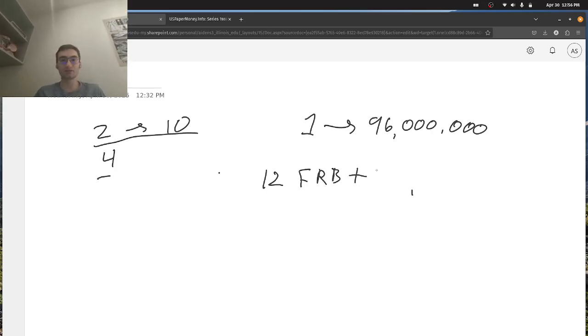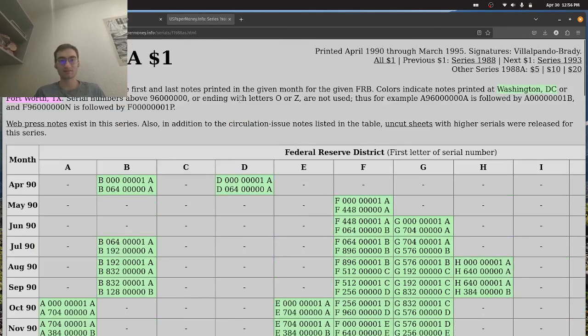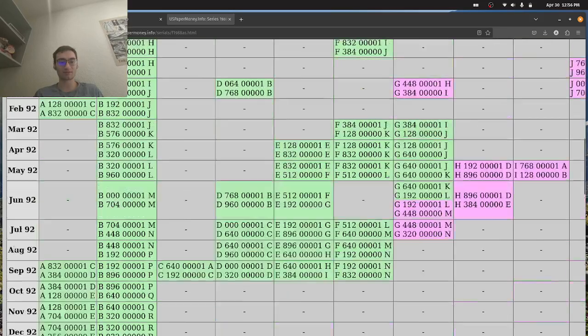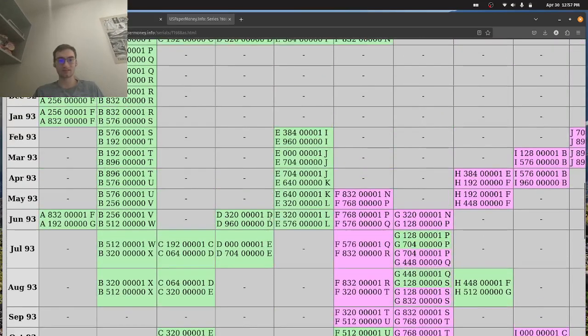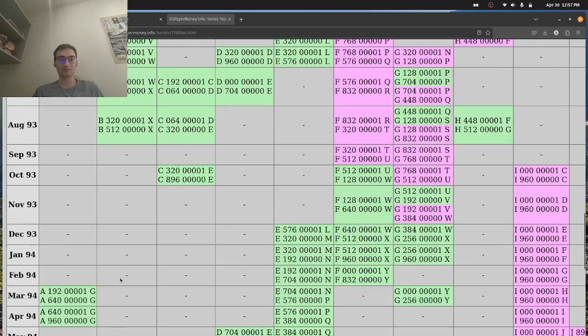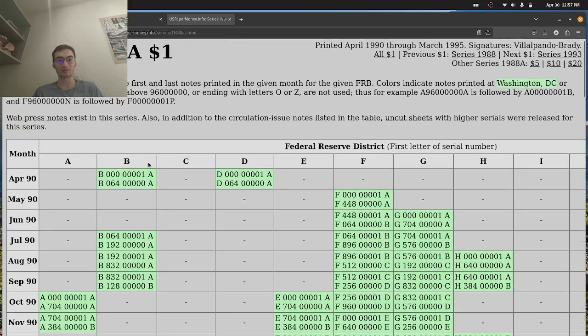And we can actually look at that data set right now. The data set that I'm using for this problem is the 1988A data set for $1 bills. This looks at the total amount of bills printed from April 1990 all the way to about August of 94. It shows how many bills have been printed and how many copies of each serial number have been printed.